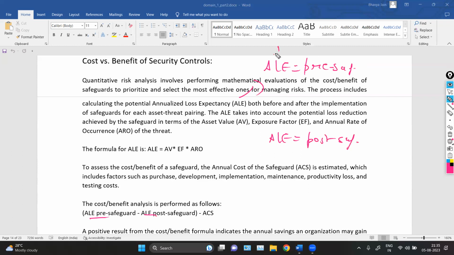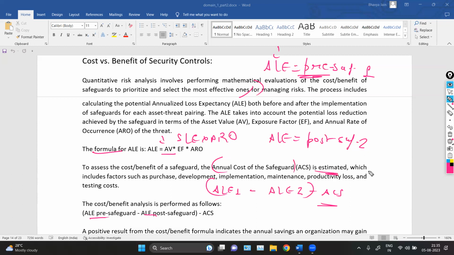So we can list ALE1, which is pre-safeguard, and ALE2, which is post-safeguard. The formula for ALE is EF, which is SLE, into ARO. Then we can calculate the cost benefit analysis as ALE1 minus ALE2 minus ACS.